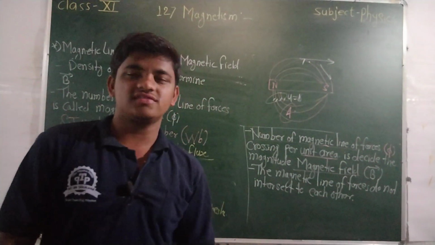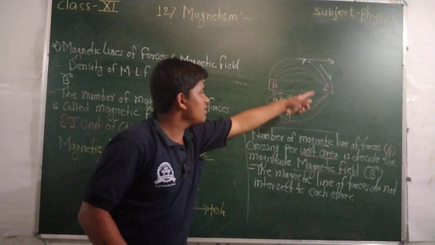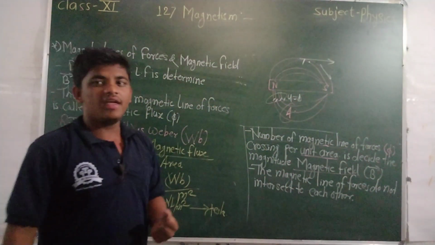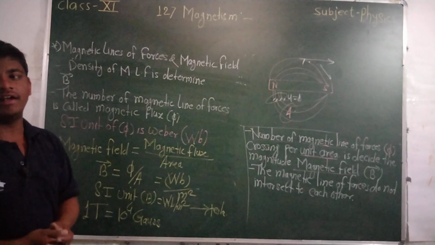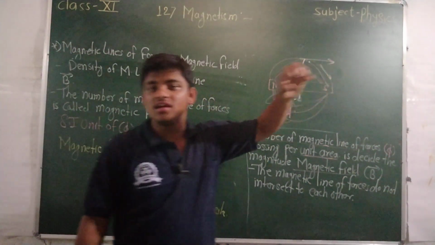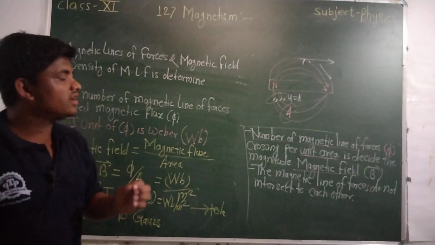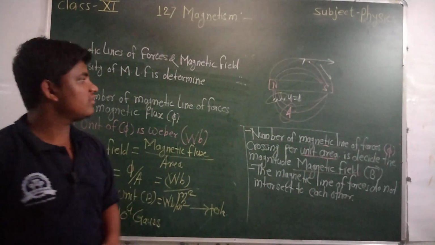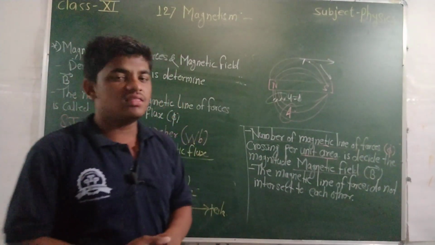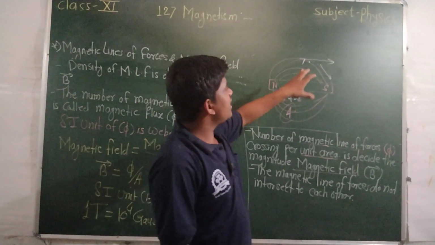The magnetic lines of force form closed loops, but electric lines of force do not form closed loops. The direction of the magnetic field at any particular point is given by the tangent to the magnetic line of force at that point.